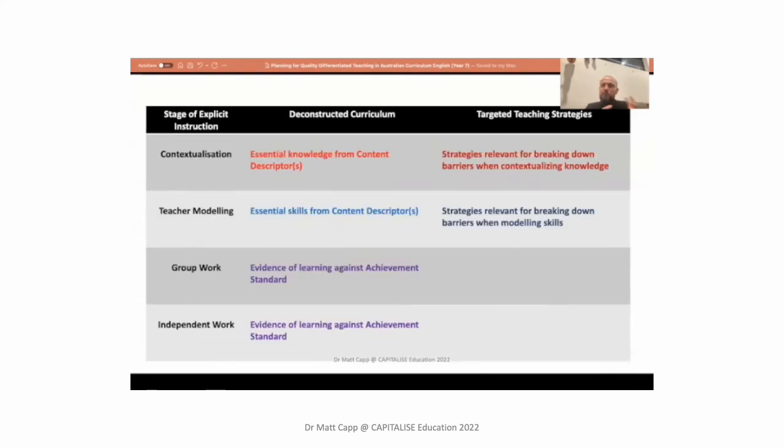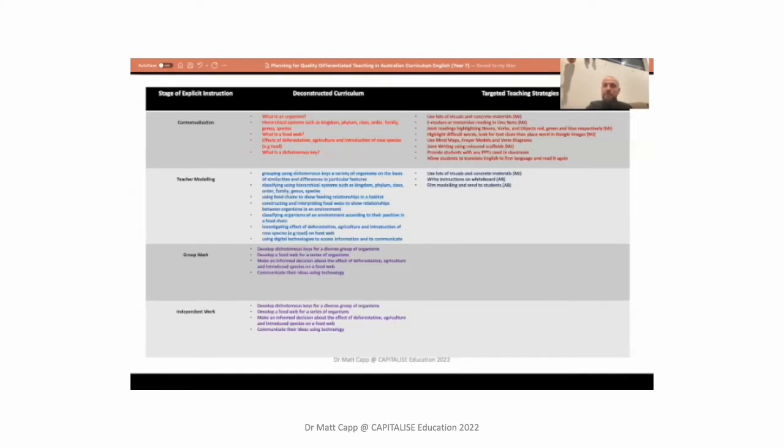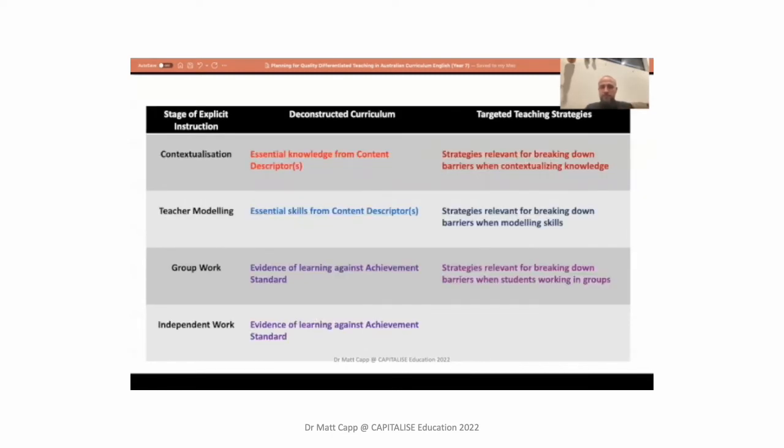We then think about, when I'm modeling the skills independently and then with the students, what are those strategies that would be useful for breaking down those barriers to the learning process? And we put them into that element of the explicit instruction model. I then think about, when the students are working in groups and independently, what strategies would be useful.